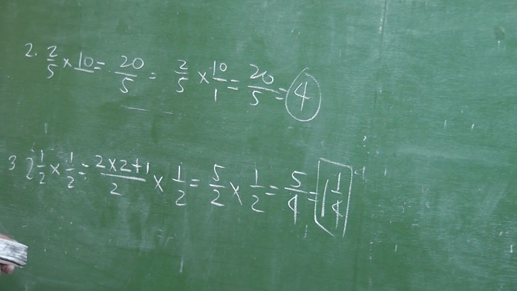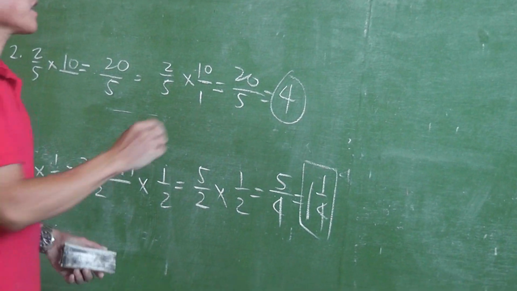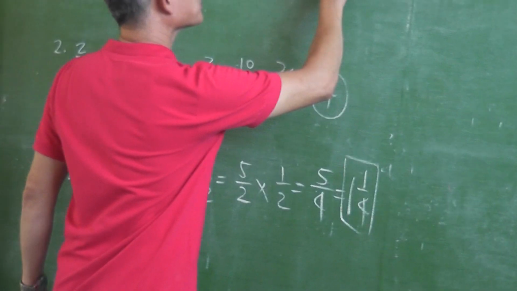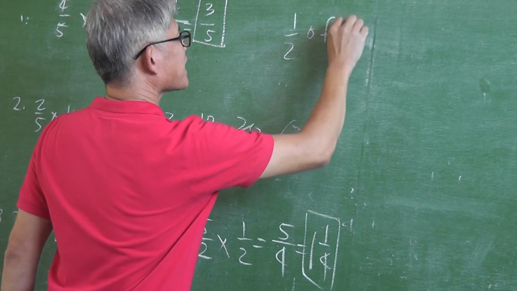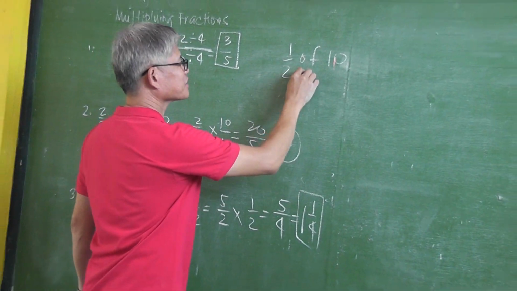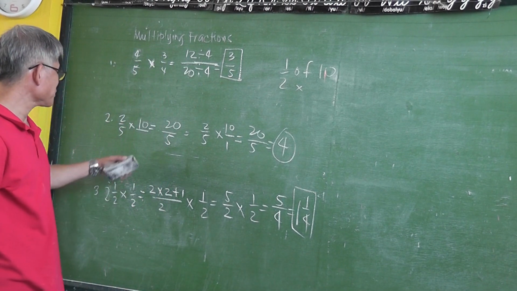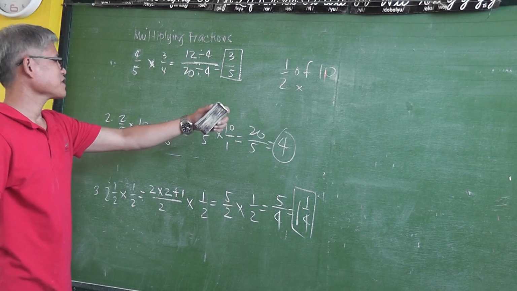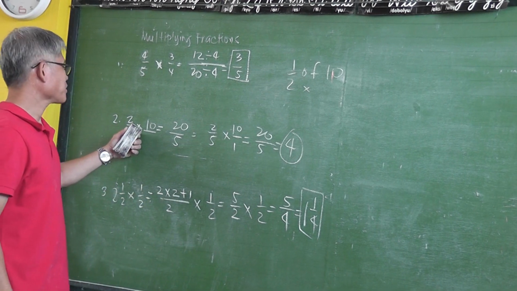Okay, you can see there in your modules we have, for example, 1/2 of 10. Of here means multiplication. So I have given you the example here in number 2, the same, of as a multiplication sign.